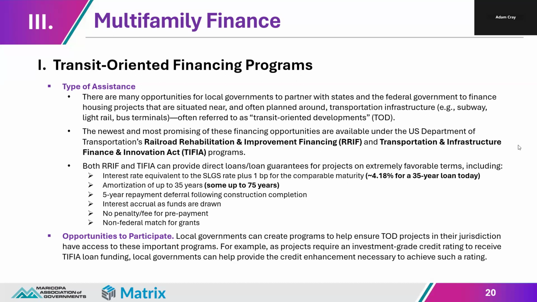This is something we're working on in Atlanta with our client there, on a very large transit-oriented development near a MARTA station, which is their subway system, that is looking right now to get TIFIA financing but is trying to figure out how to get to that investment grade rating. So there are lots of opportunities for local governments to assist with that process.